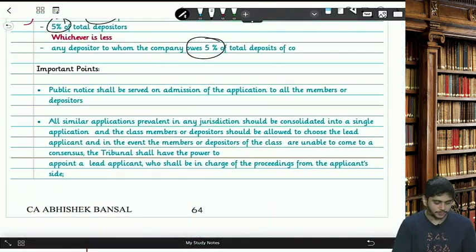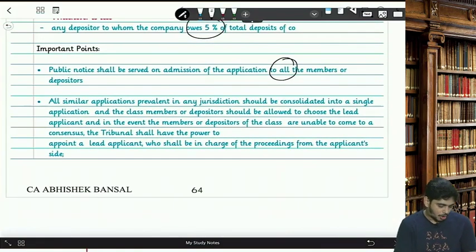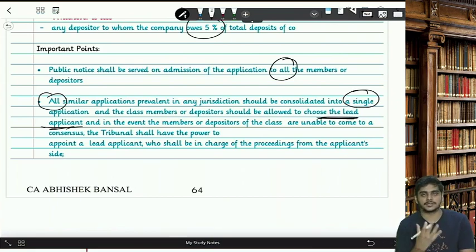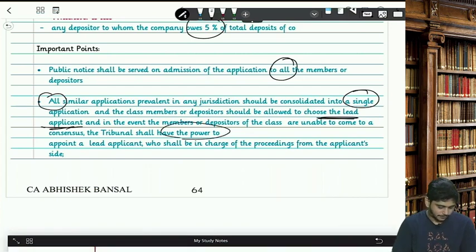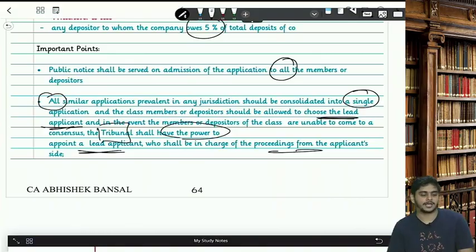Now, few important points. Public notice shall be served on the admission of application on all the members or depositors. All the similar applications prevalent in any jurisdiction shall be consolidated into a single application, and a class of members or depositors shall be allowed to choose a lead applicant. In the event the members or depositors of a class are unable to come to consensus, that is razamandi, and are not able to choose a leader, the tribunal will have the power to appoint a lead applicant who shall be in charge of the proceedings from the applicant's side.